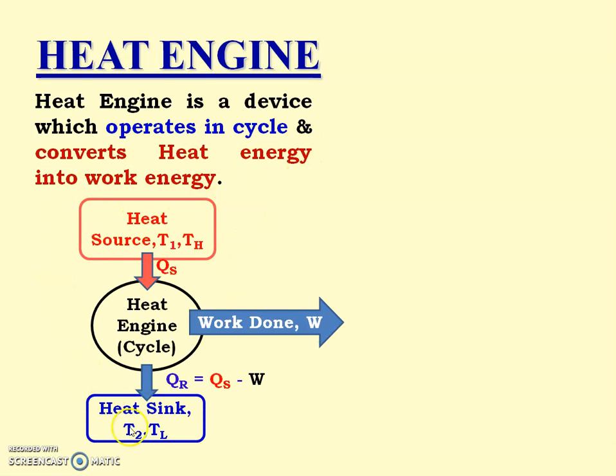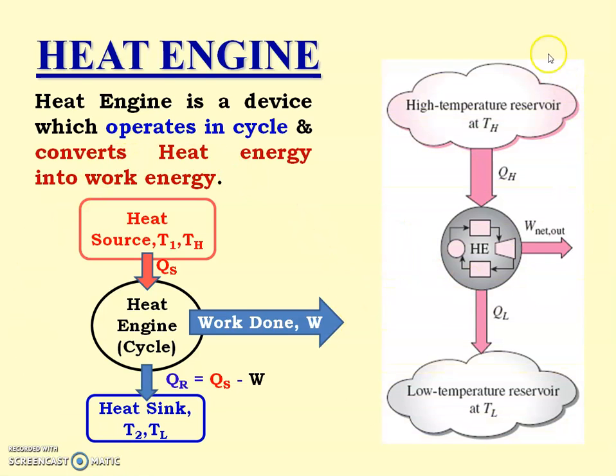So that fundamental we have studied using the graphical representation. Now this one is another figure taken from the internet. So this one is the high temperature reservoir, that is the heat source. This is the heat sink, and this is the heat engine cycle.